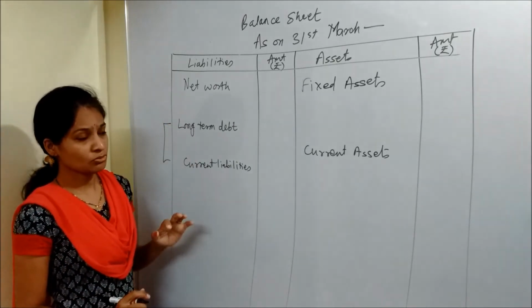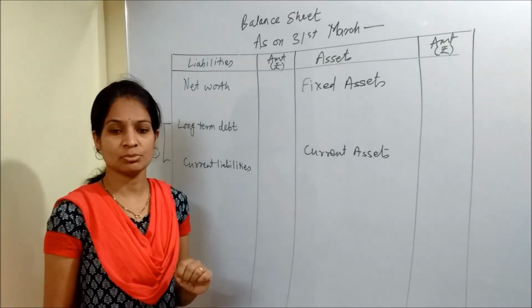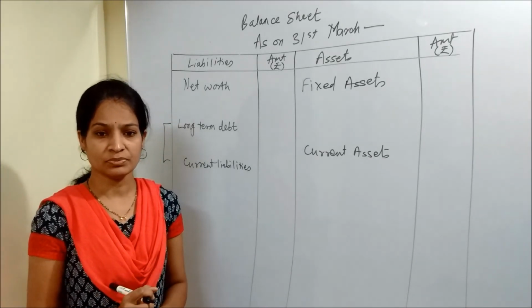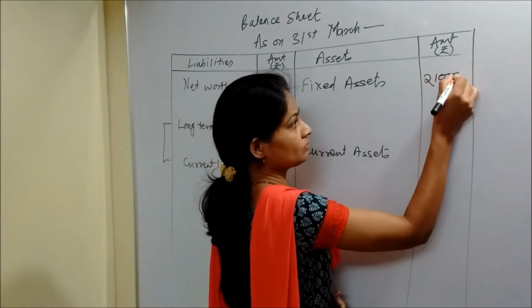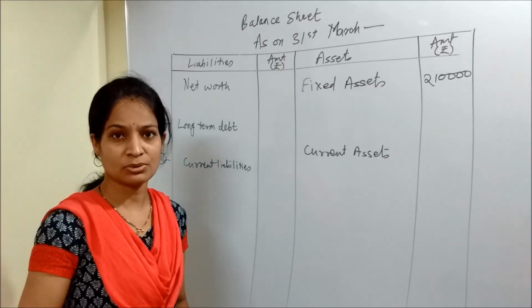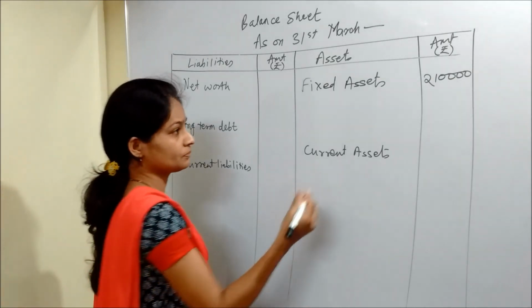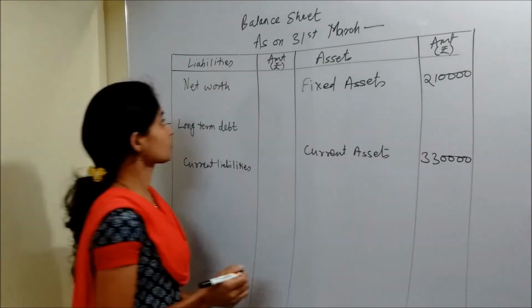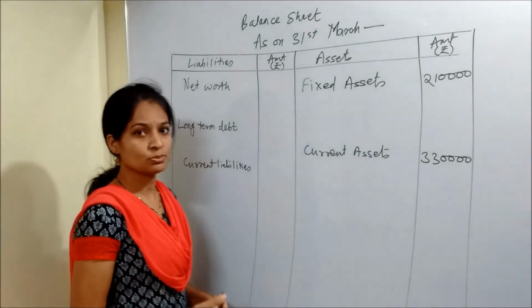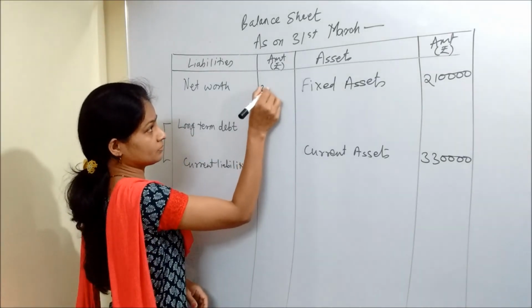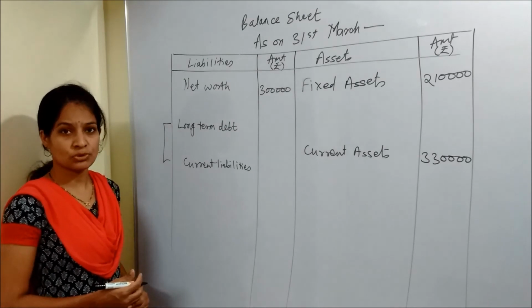Now what we'll do, we'll just write down the information whatever we have found out. So fixed assets we have found out, that is 2,10,000. Current assets we have found out, that is 3,30,000. Then net worth we have found out, and that amounts to rupees 3 lakhs. Total debt is 2,40,000.